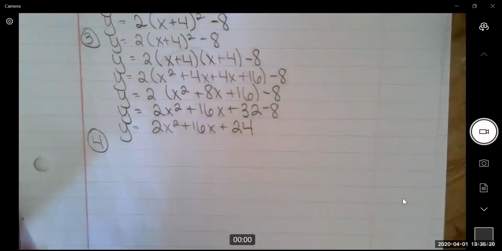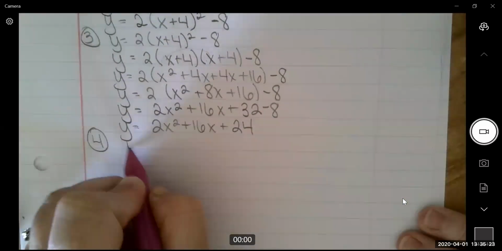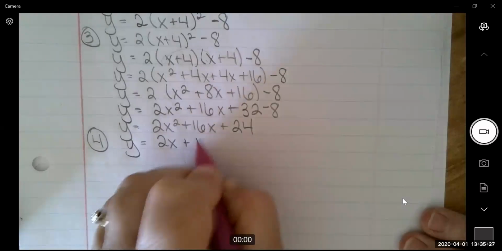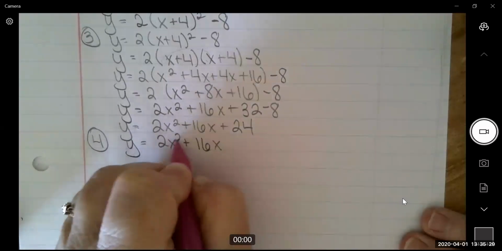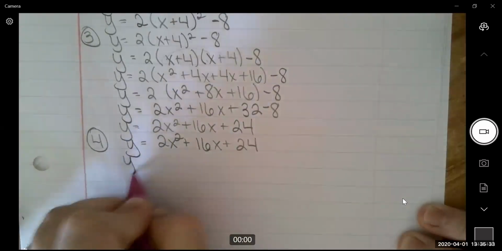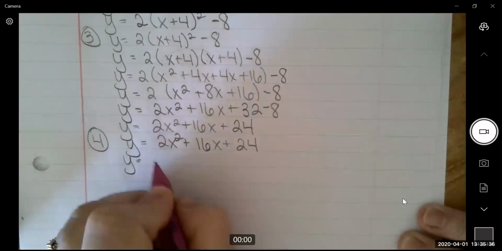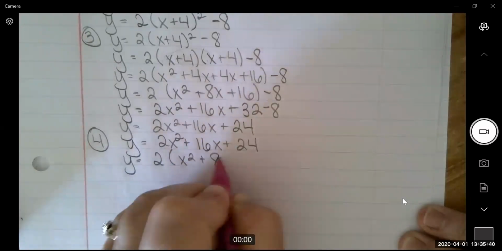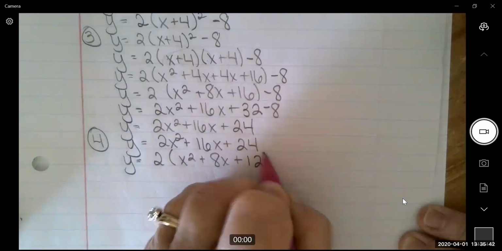Now we're going to factor 2x squared plus 16x plus 24. I know we distributed the 2, but I'm going to take the 2 back out when we're factoring it. So you have x squared plus 8x plus 12.